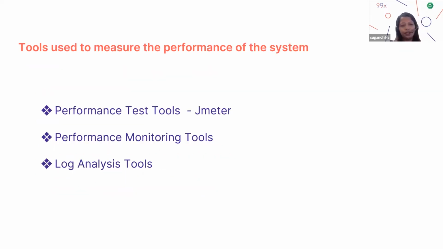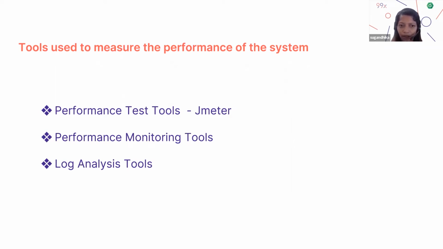I would like to introduce a few tools that we can use to measure the performance of your application other than JMeter. If you are executing your test with JMeter, that will give you a lot of results like response time, throughput, 90th percentile, hits per second, transaction response time.